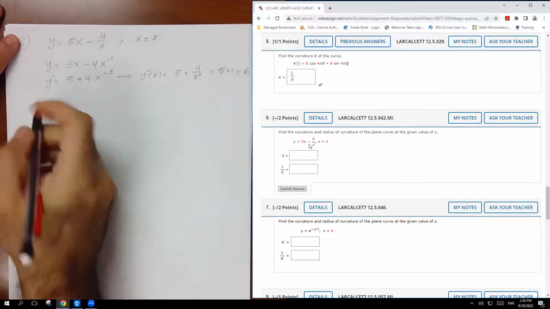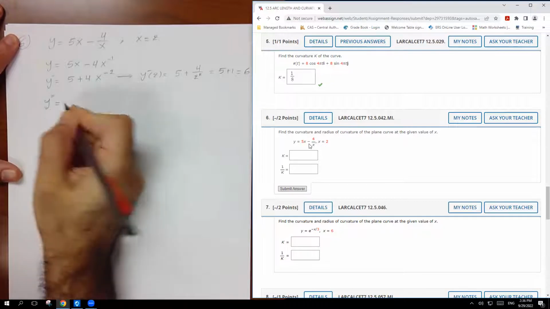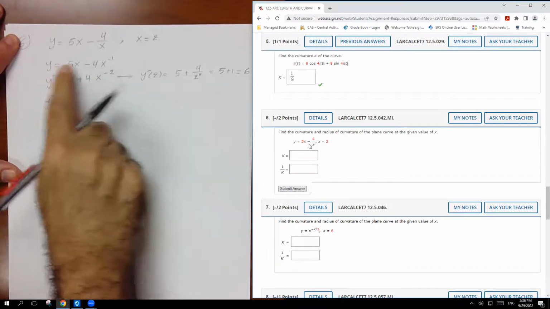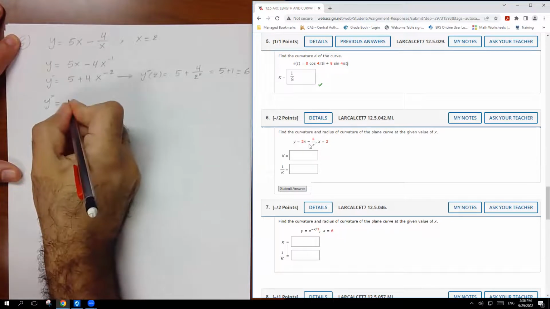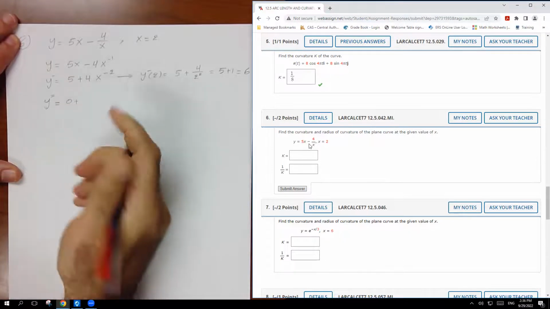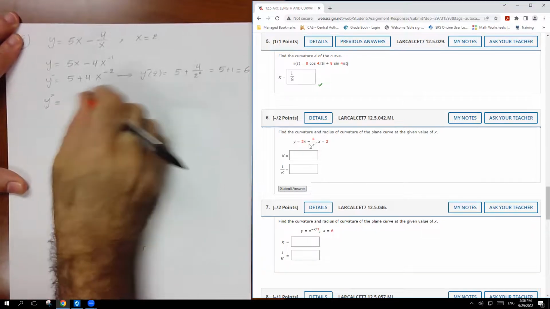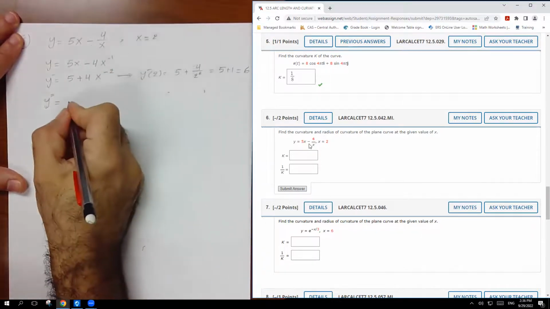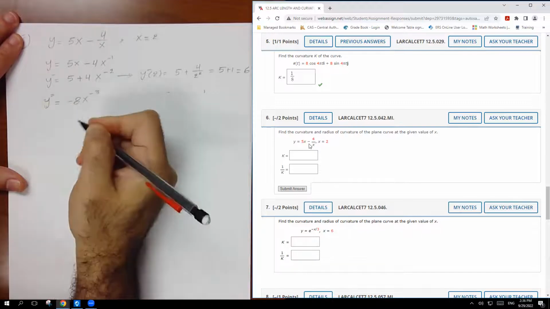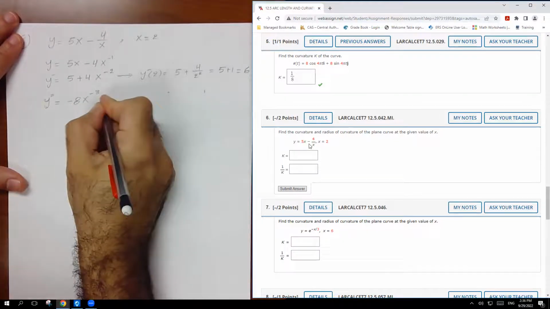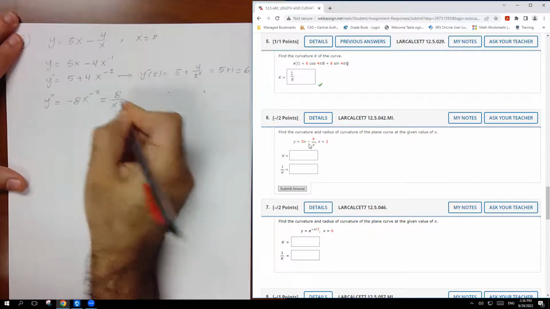Now let's keep going. Find y double prime. I'm going to go back here. This is y. This is y prime. Find the derivative for this one. So it's going to be 0 plus negative 8x to the negative 3. I don't have to write down the 0. That means this is equal to negative 8 over x cubed.